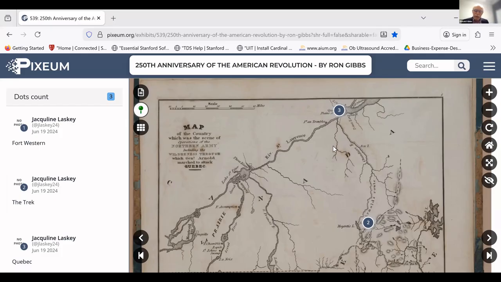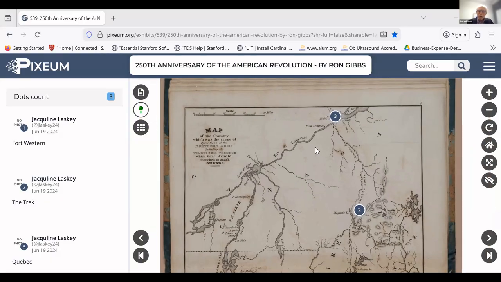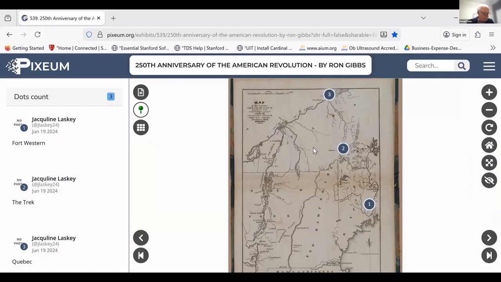There they were joined by another American column which had just successfully taken Montreal. In a blinding snowstorm in late December of 1775, the Americans attacked the citadel of Quebec, but were repulsed, and they had great loss.